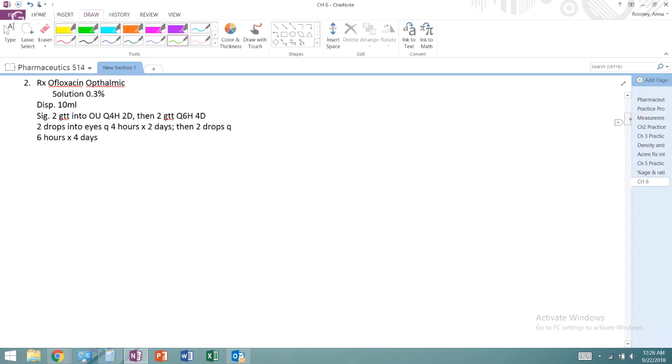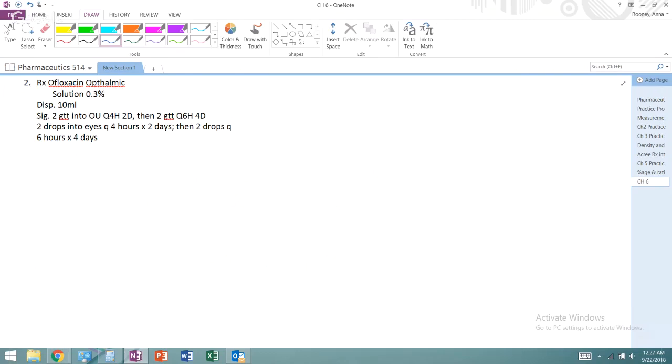All right, so I wrote this out two different ways so that you guys can tell what I would normally see on a script. It would be 2 gtt OU q4h for 2d, then 2 gtt q6 hours for 4d.